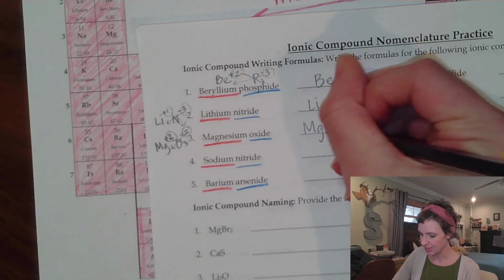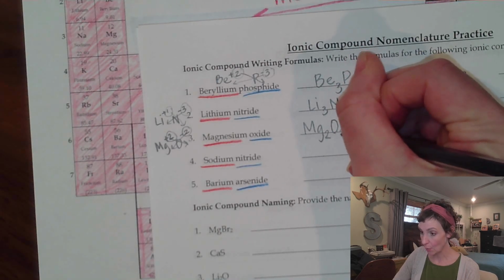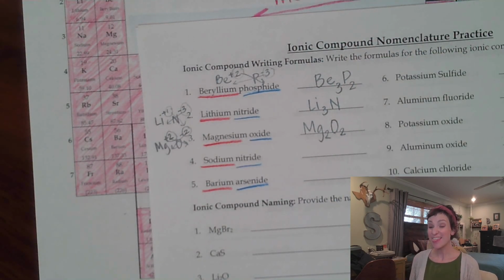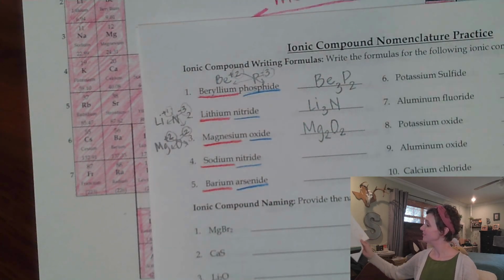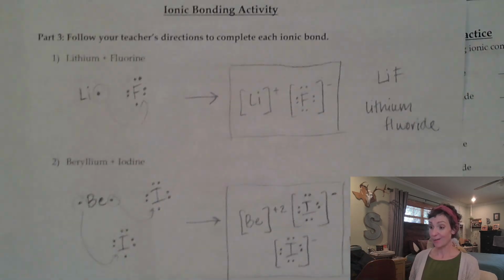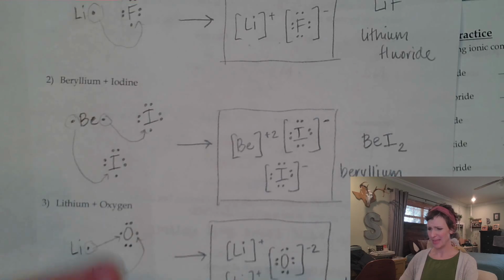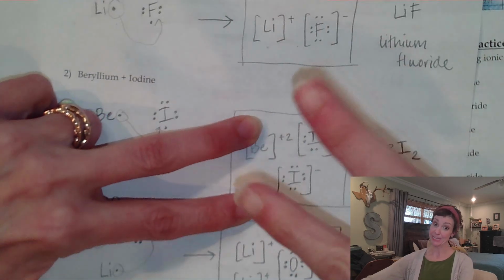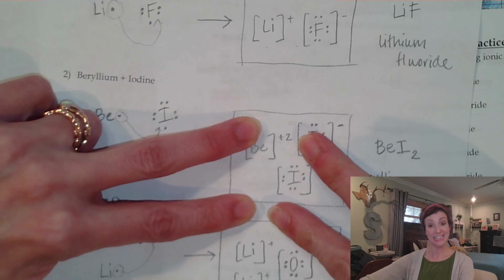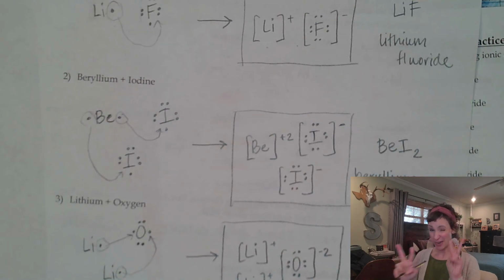We get Mg2O2. This would be me saying, do I still have my page? If I were to draw one of these guys, that would be me having like 2 magnesiums and 2 oxygens. Isn't that the same thing? A 2-to-2 ratio, the same thing as a 1-to-1 ratio?